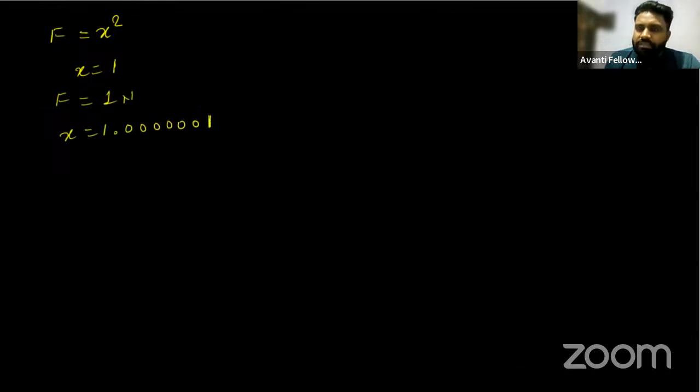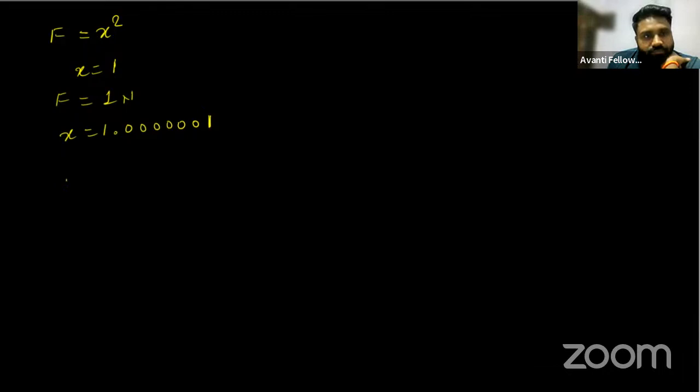So what I'm discussing is that f equals x square is the variable force that I have taken. And at x equals 1 the force is 1 Newton. But what if I put x equals 1.000001, which means I have displaced by a very small value.